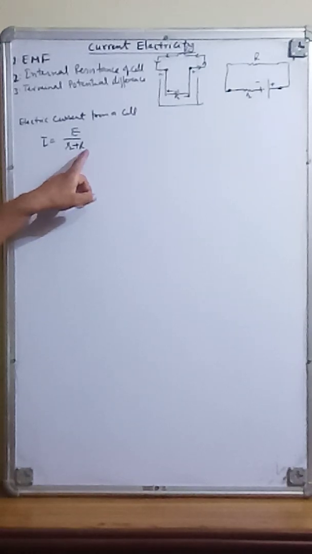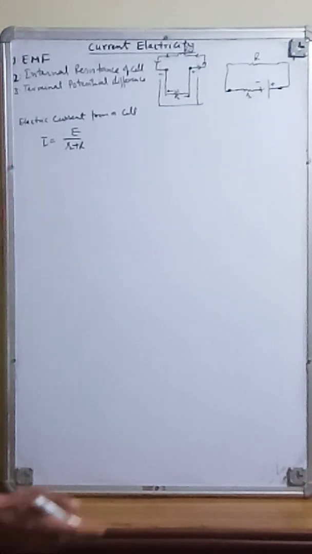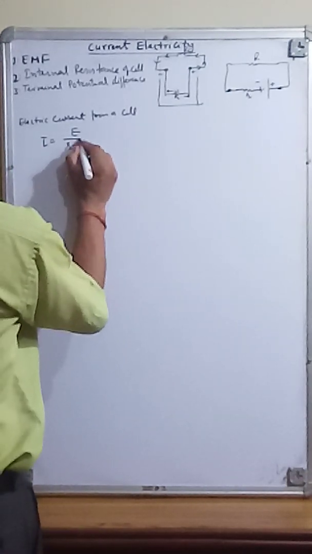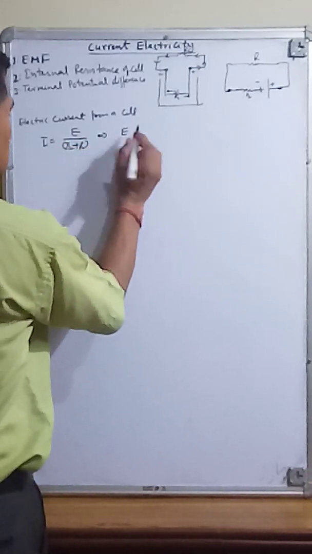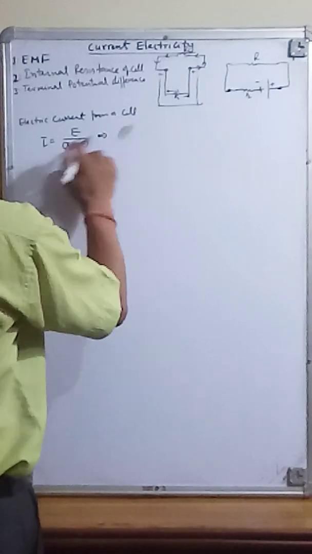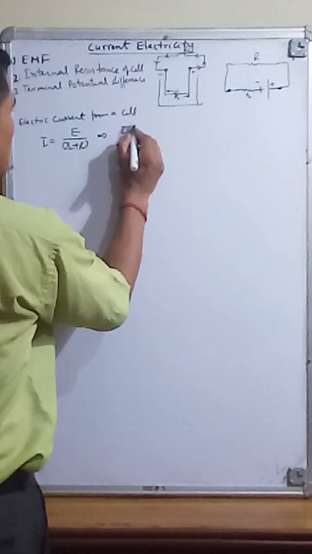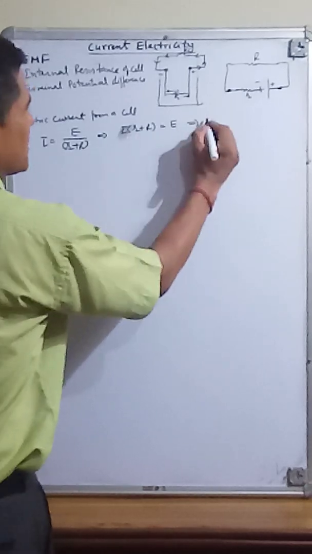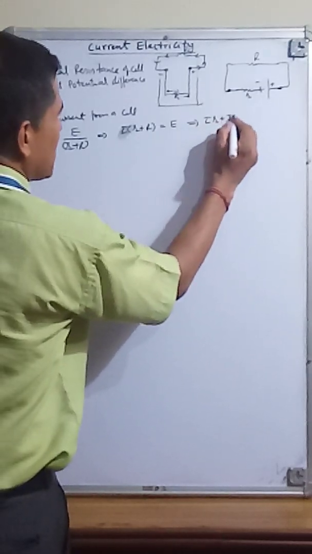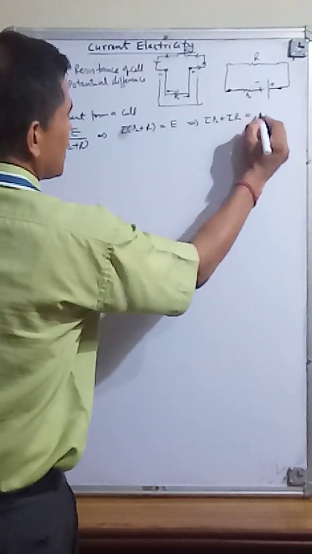You can change R; if you change R, I will change. Now if you cross multiply, I times (R plus r) is equal to E. Further, multiplying, IR plus Ir is equal to E.